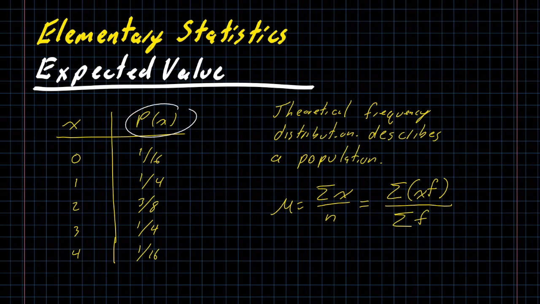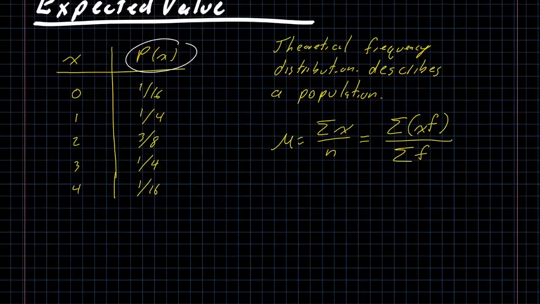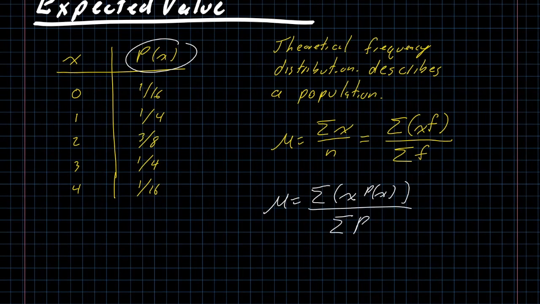In a probability distribution, instead of having a frequency, you have a probability, but it serves the same purpose. So I can just replace frequency with p of x and get an equation that works quite nicely.